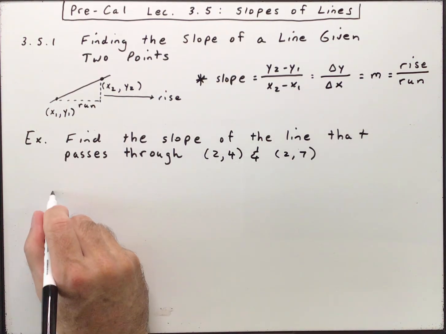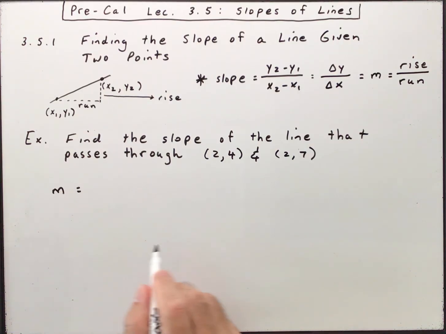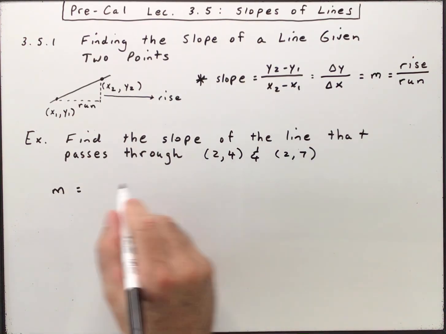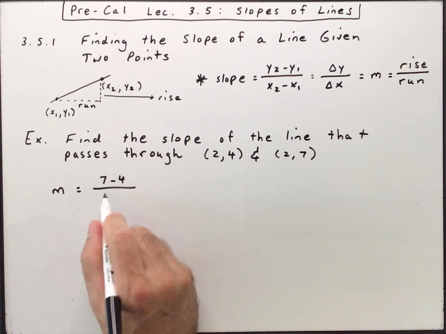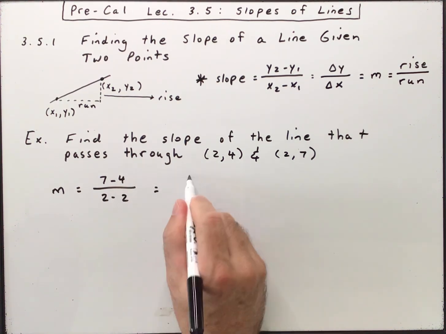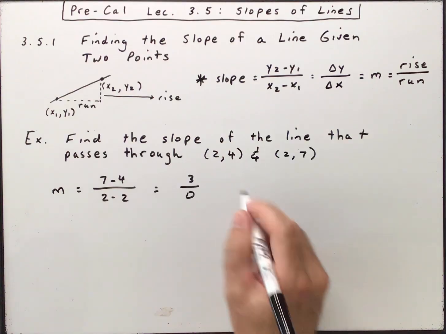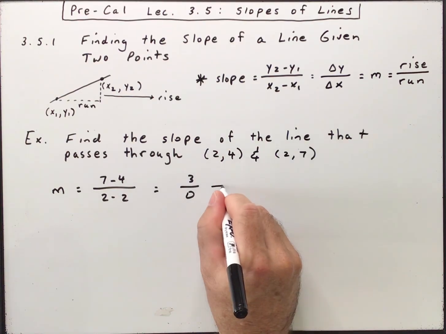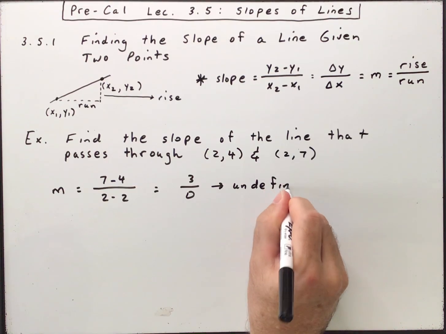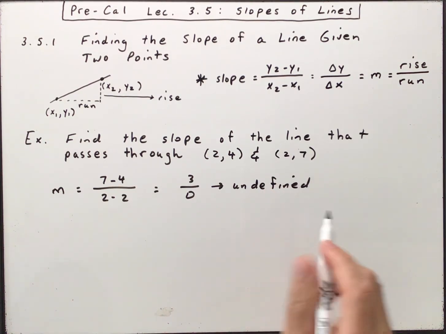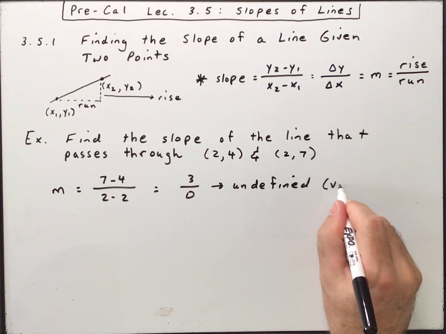Okay, so our slope is going to be y2 minus y1, 7 minus 4 over x2 minus x1, 2 minus 2. That's 3 over 0, which is undefined. When that happens, what that means is that it is a vertical line.